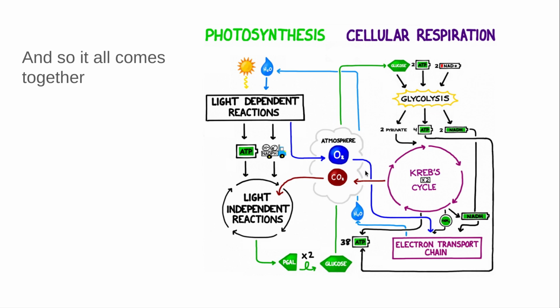Now the carbon dioxide is once again a source for the light independent reaction. So this whole system is dependent on each other. Photosynthesis and cellular respiration depend on each other, and ultimately we are able to take the energy of the sun and capture it into ATP molecules.